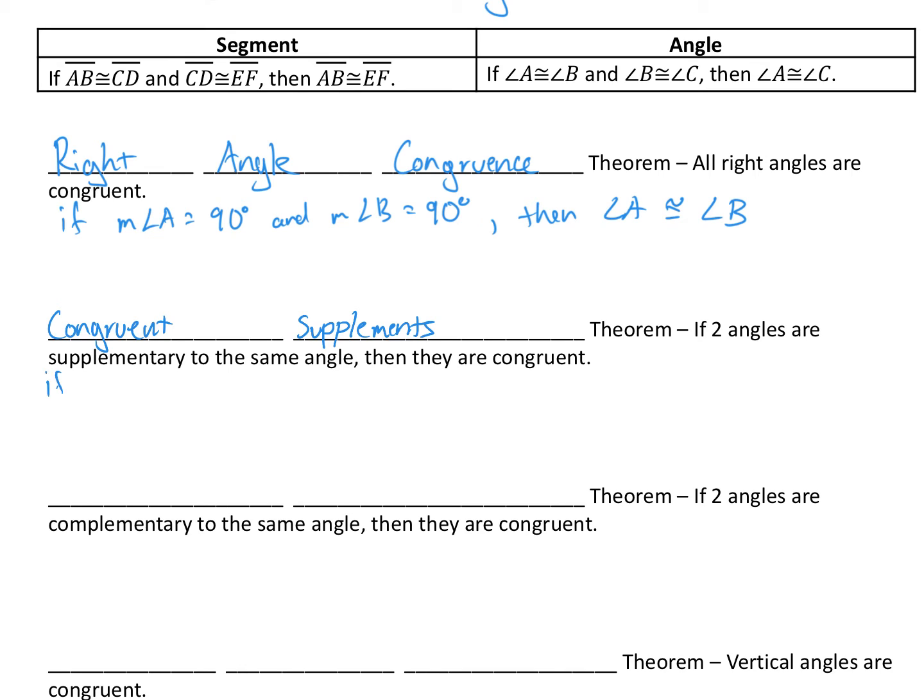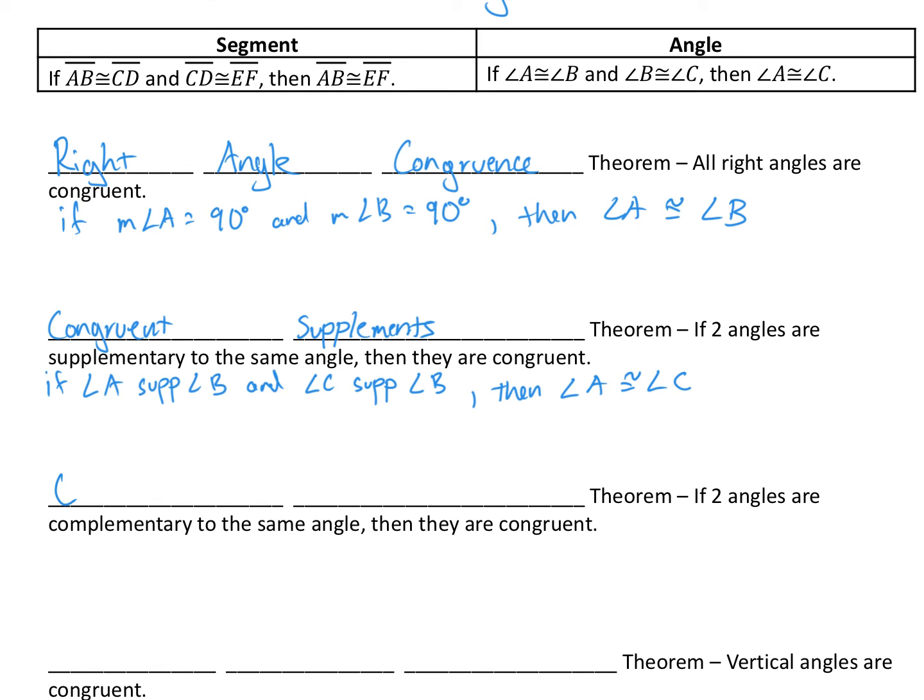So if angle A is supplementary to angle B and angle C also is supplementary to angle B, then angle A is congruent to angle C. They're both supplementary to angle B. They have to then be congruent to each other.